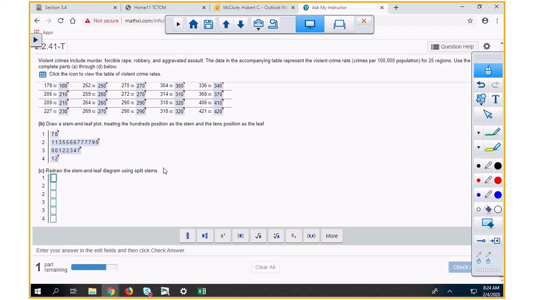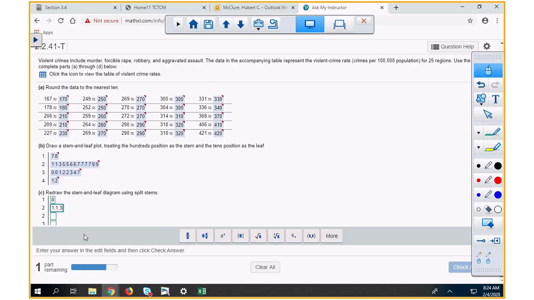So let's go right here, and I'll type in 8, and is that it? 180? Was there any others I'm looking for? I don't think so. So that's going to be 180. And then here, 200, you're going to have 210, 210, and 230. So that's going to be 1, 1, and 3.